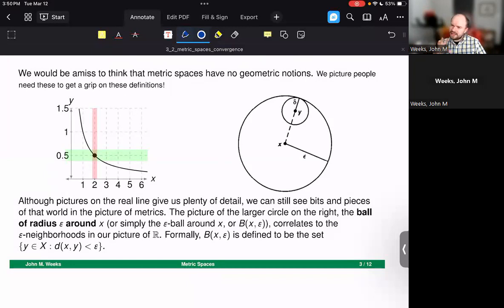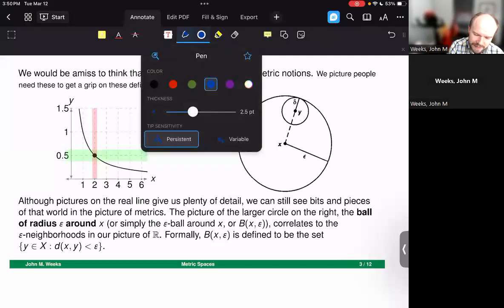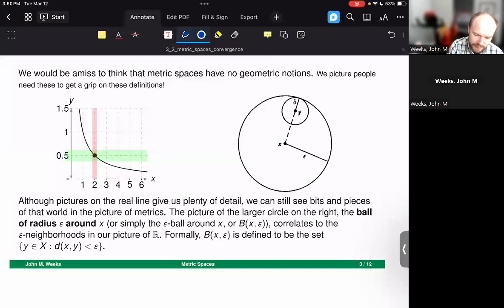So let's take a look and see how these sorts of things correlate. Let's imagine that we have our metric space X. Well, if we were going to say convergence happens at a particular point on a function, we would be saying that for all epsilon, there's going to be some little delta window, so that for whatever values you have inside your little delta window, the values of the function converging to this point are within that little epsilon window.